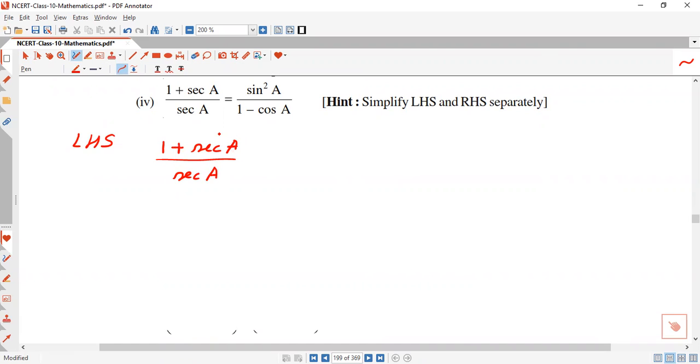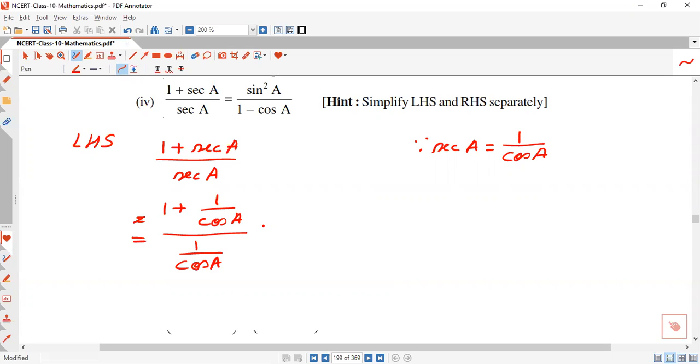Sec A is the reciprocal of cos A. So it becomes 1 plus 1 upon cos A divided by 1 upon cos A.